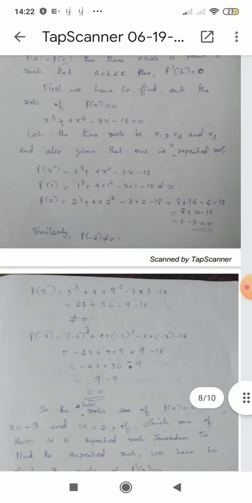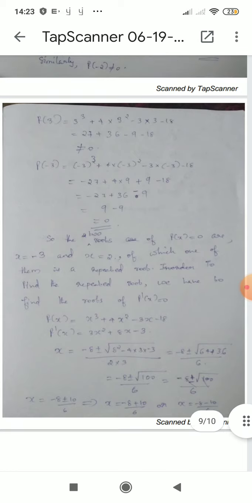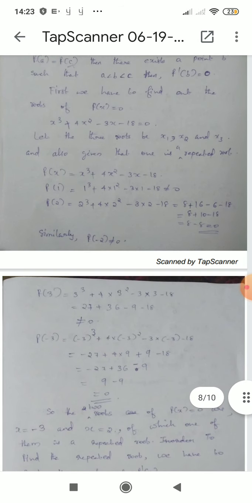So in our question it is given that we have to find out all the roots of this f of x is equal to 0, but given that f of x is equal to 0 has 3 roots, and among those roots, two of them are equal. Okay, here we found 2 roots of this f of x is equal to 0, and what were those roots?